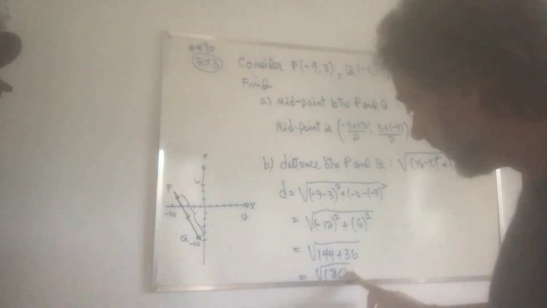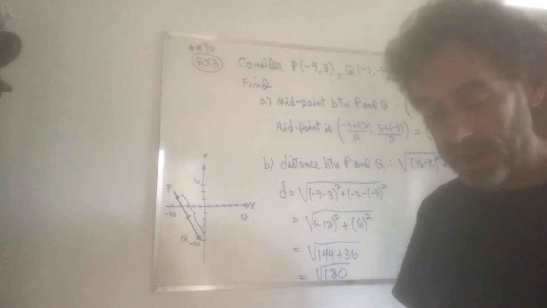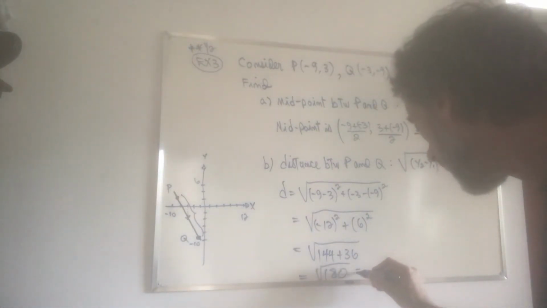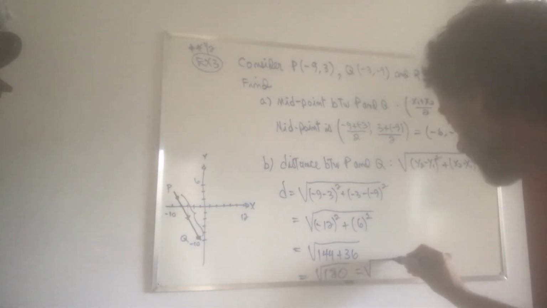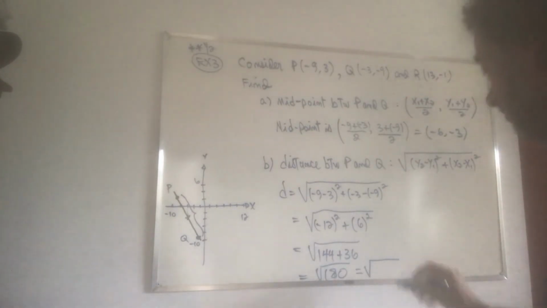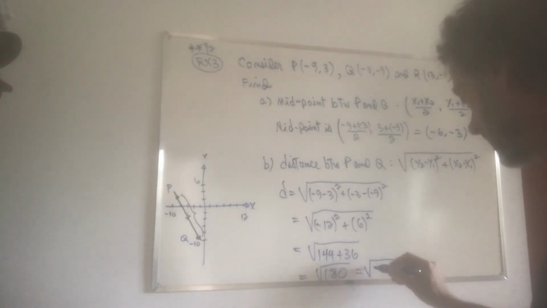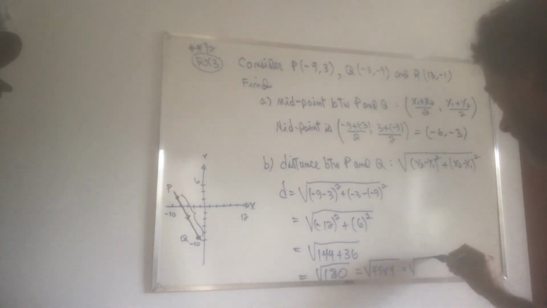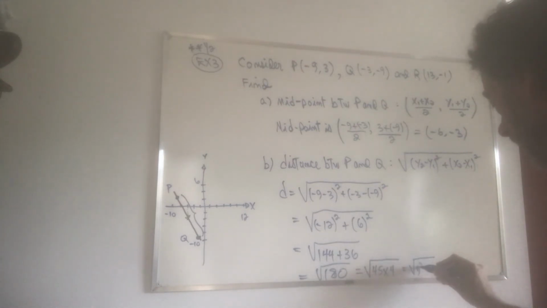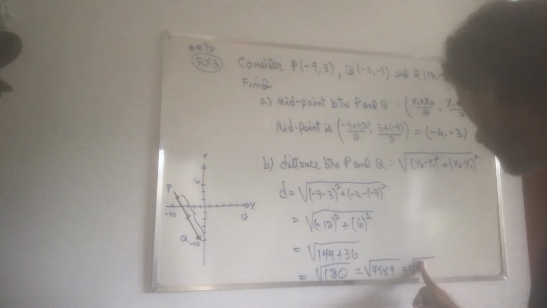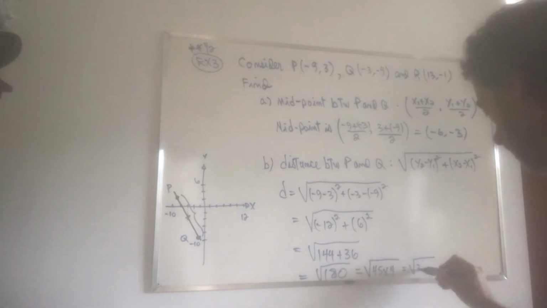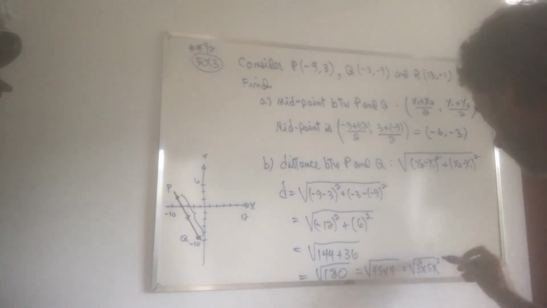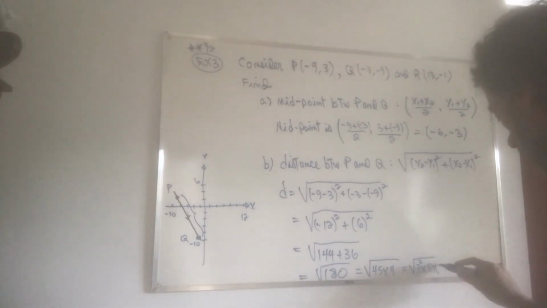is actually equal to the root of 180, which by the way can be written as 45 times 4, and that would be 9 times 5 times 2 squared. Why am I doing this?